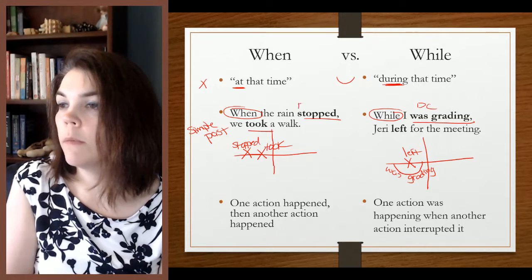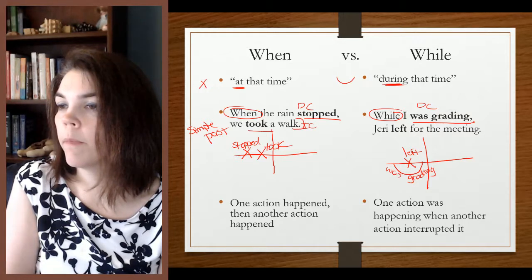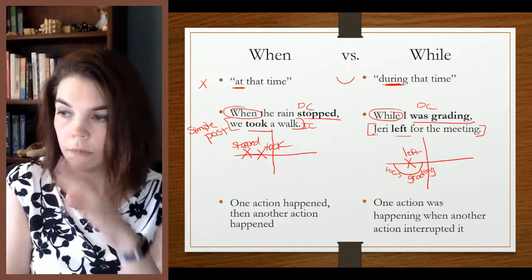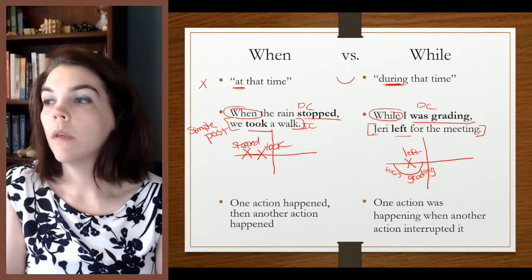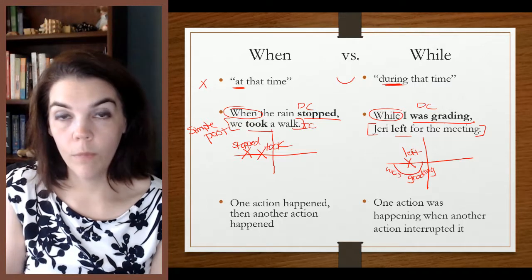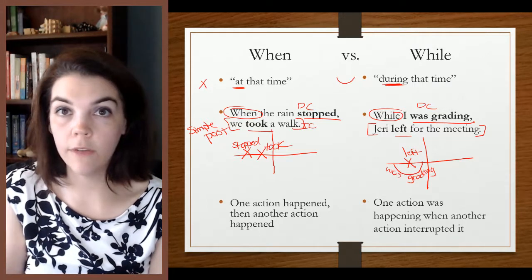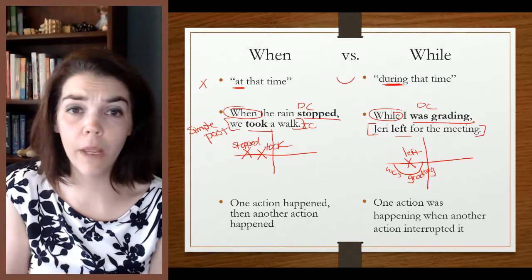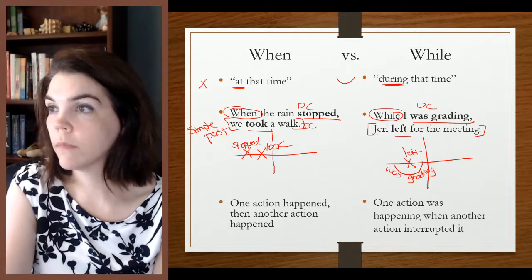This is also dependent. This is independent. This part here. And in our independent clause here, we have simple past. So with me so far. While we often see past progressive in the dependent clause, with when we often see simple past.